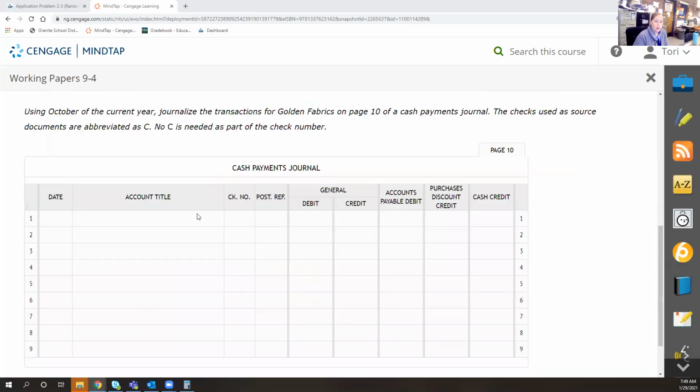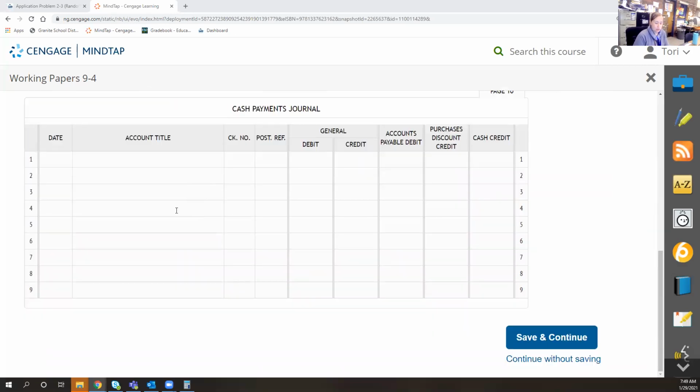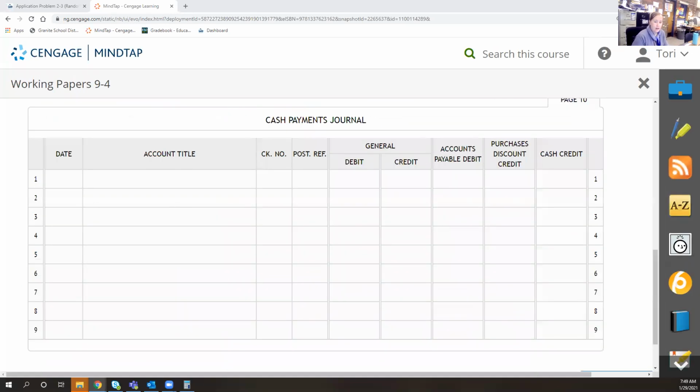All right, so I'm going to just put my cash payment journal down here, and then I have another document I'll look over here and read the transactions. Okay, so we wrote a check to Bilton Communication for a telephone bill. Now remember, a telephone bill is considered what type of an expense? And if you said utilities, you're right.